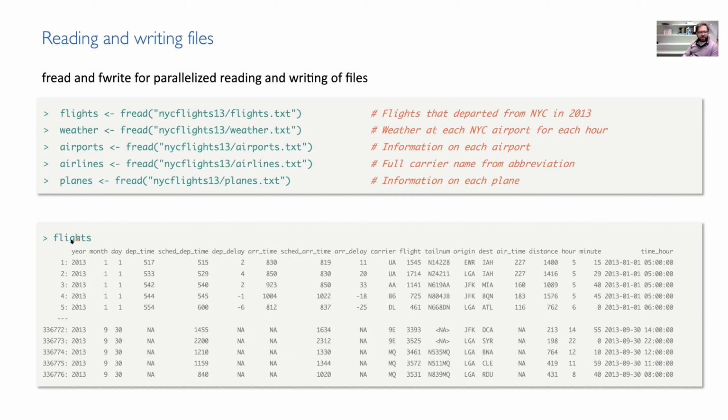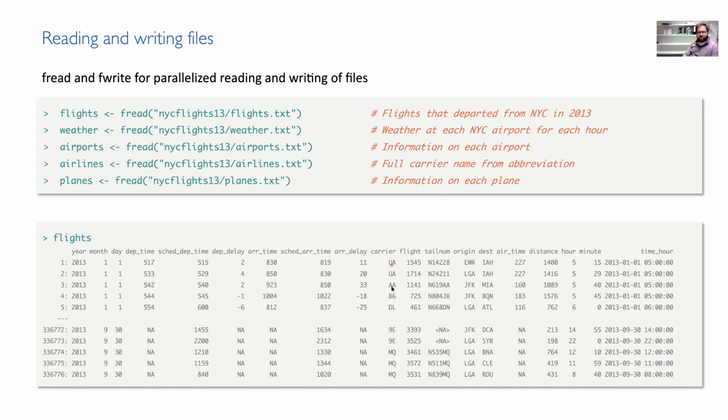If you just print what is in there, once we load these flights, we can see what's in there. We have these different columns, like 2013, that's the year. Then we have different months, we have different days of the months, and we have departure times, real departure times, scheduled departure times, and we have delays, arrival times, and so on.